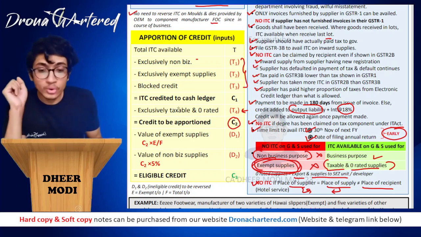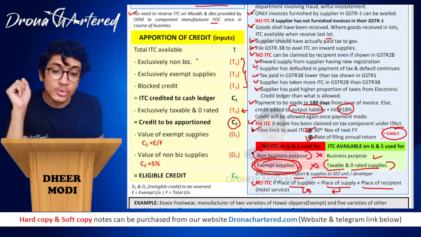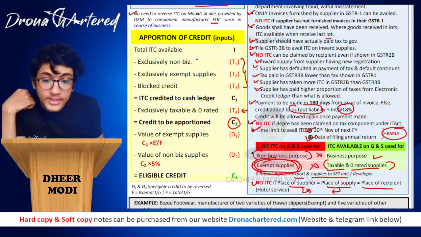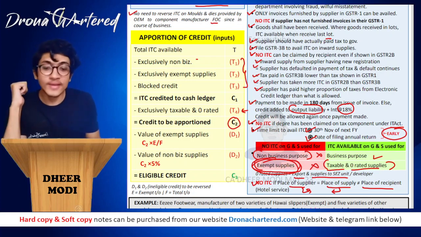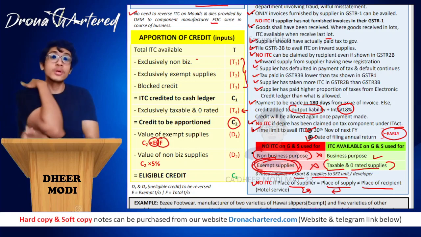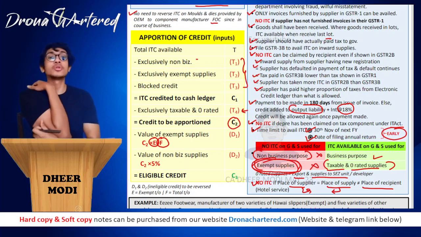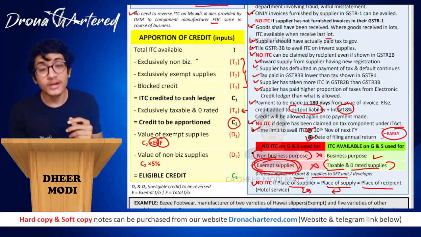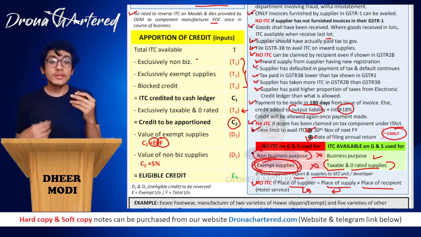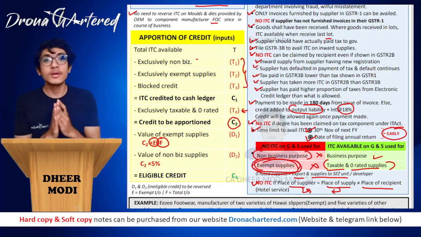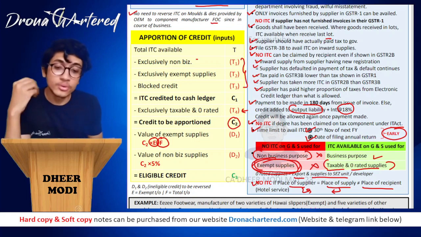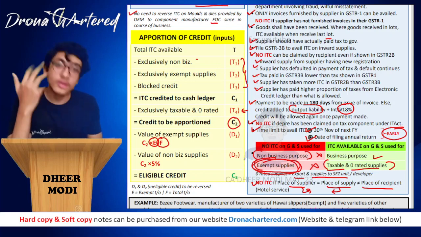So over here, what do you do? You subtract the value of exempt supplies. Now how do you do this? You do C2 into E upon F. This is the C2 that we have calculated over here. E is your exempt turnover and F is your total turnover. So you find a ratio. For example, if I made sales of 100 and out of 100, 40 rupees of sales was exempt supply, that means 40% of my turnover is exempt supply.